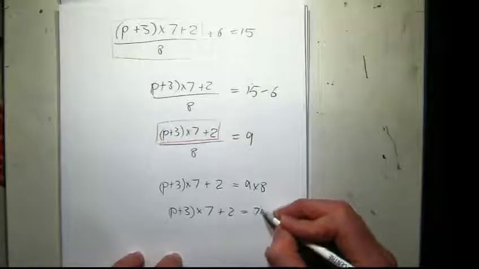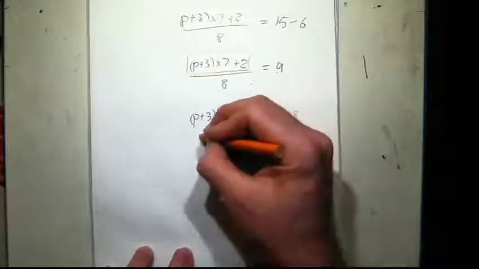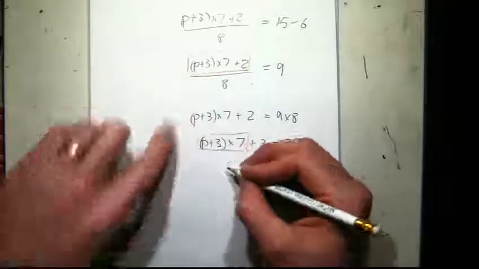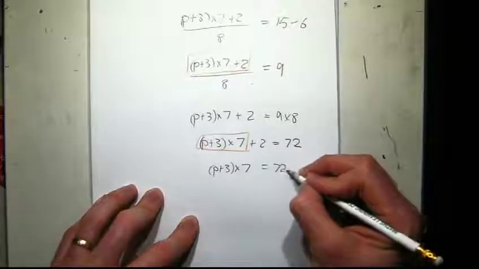And 9 times 8 is 72. And then let's look again. Oh, interesting. That object plus 2 comes out to 72. So whatever that object is, it must be 72 minus 2.